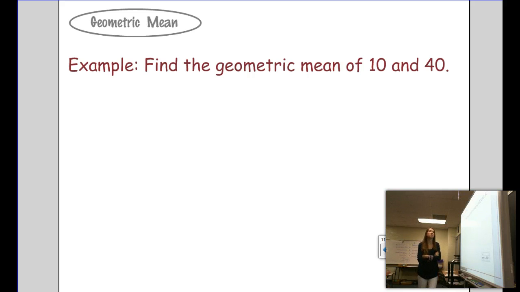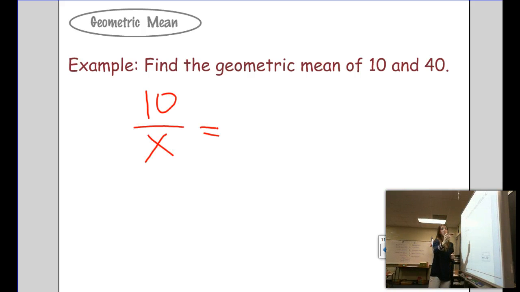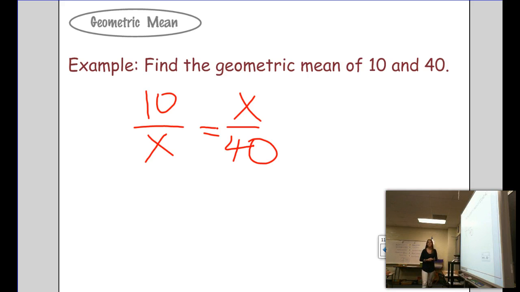Kaylee, can you set up a proportion for me? Just tell me what to write. Equals what? Yeah, you knew it. Okay, there you go. So there's step 1. Julius, look alive. Julius, what's the next step? What do you get when you cross multiply?